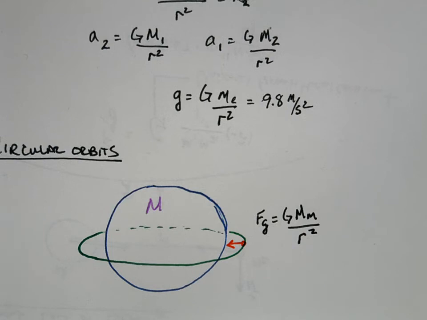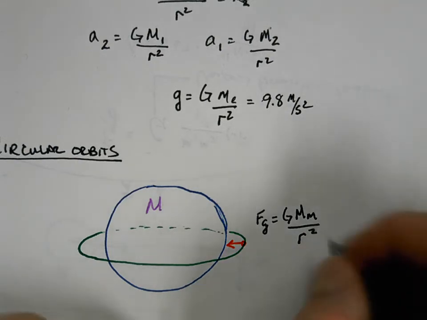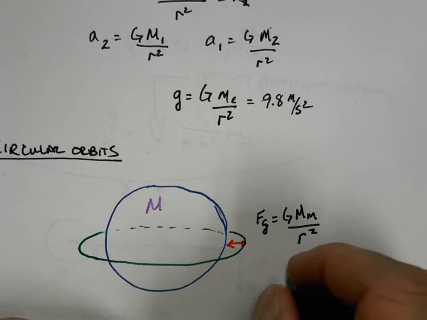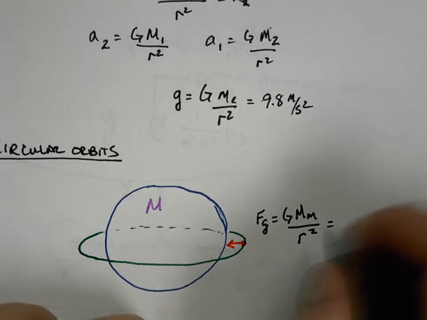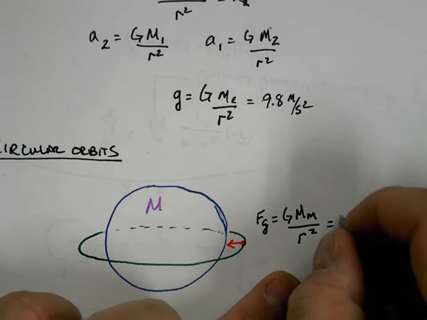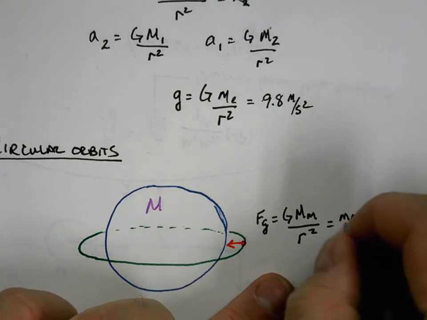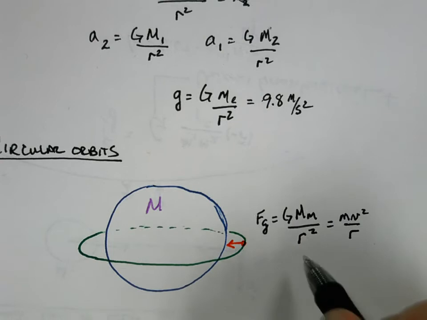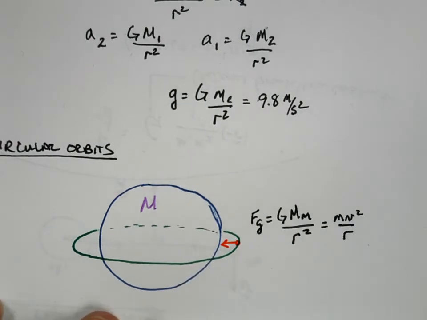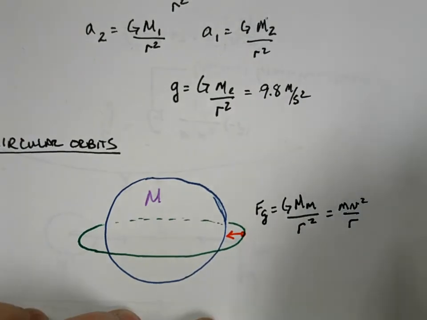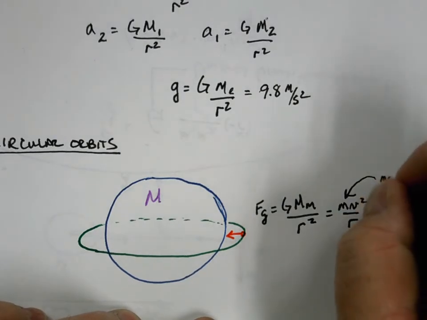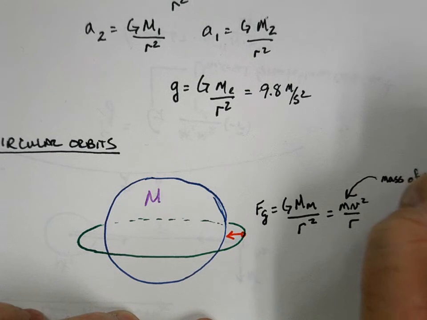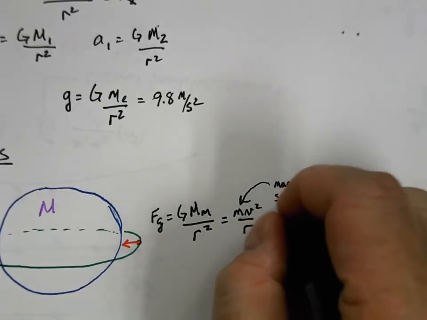Okay. Now, if this accelerates, we know that this force equals mv squared over r for this particular satellite, because it's a centripetal acceleration. Now, remember, this is the mass of the satellite.